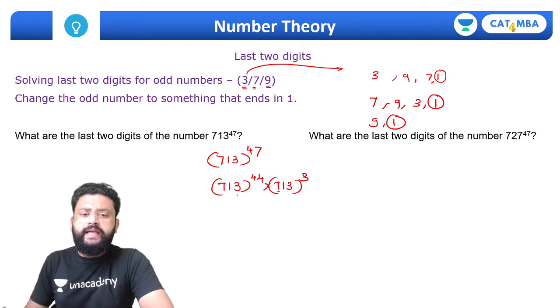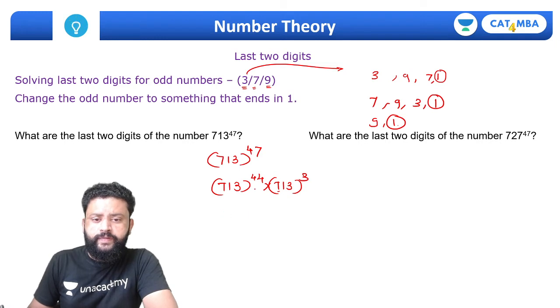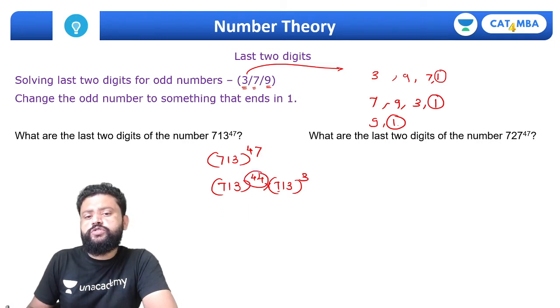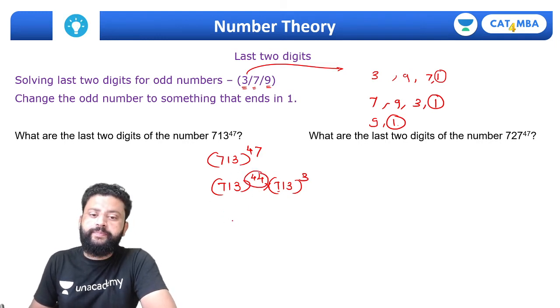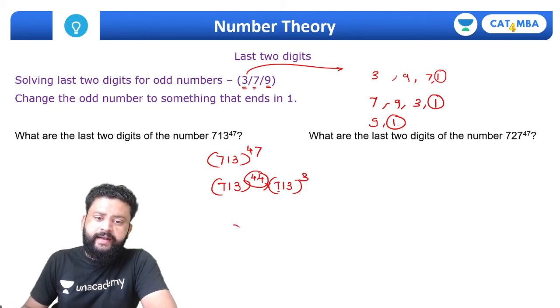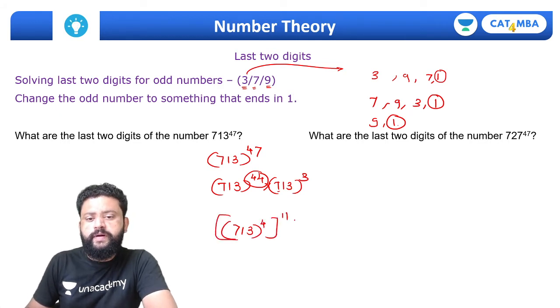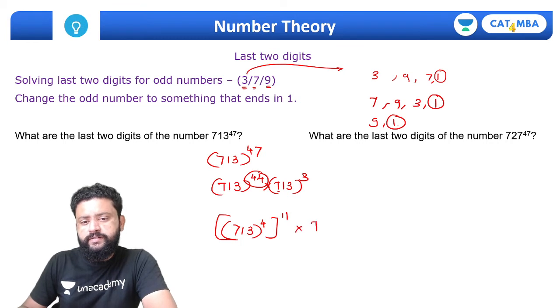Now after that we know 713 to the power 44. So इसके last 2 digits क्या आएंगे, last 2 digits. So definitely I can write 713 to the power 4 bracket to the power 11 into 713 cube.